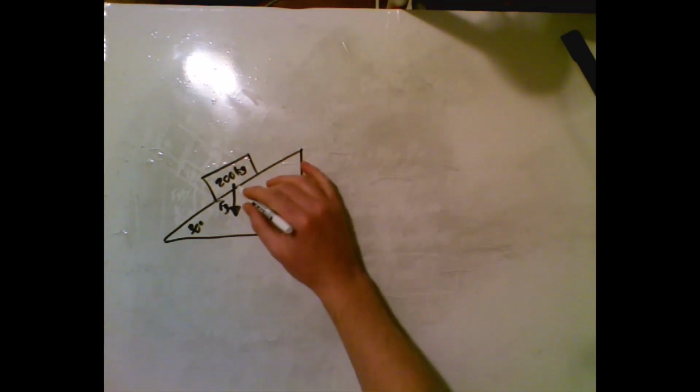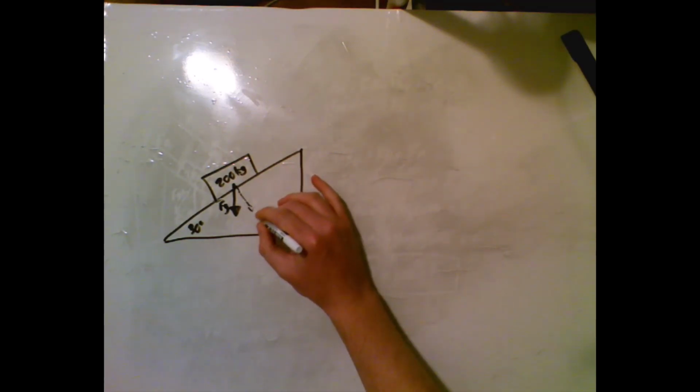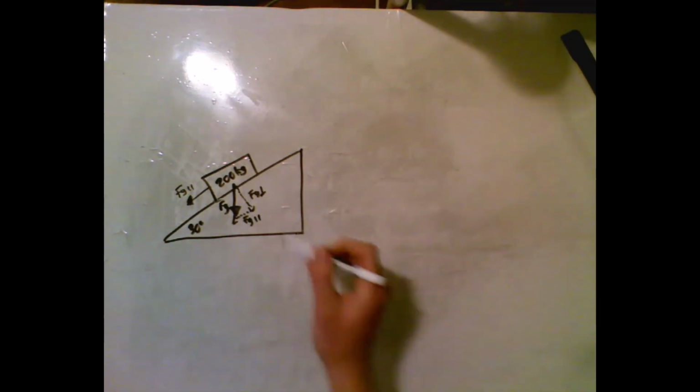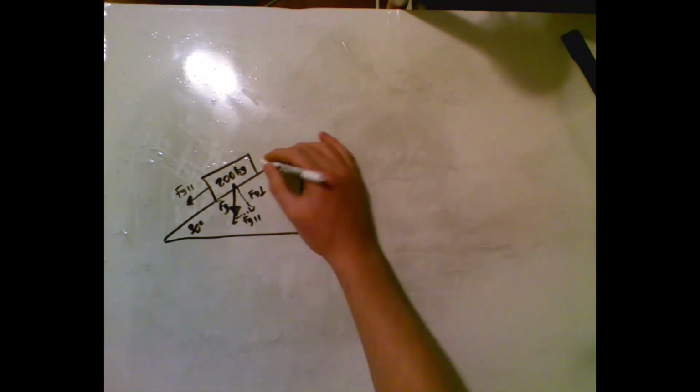So we can break down this force of gravity into a perpendicular component and a parallel component, and I'll add that parallel component to my free body diagram. It moves down at a constant velocity, and we want to find a coefficient of friction.